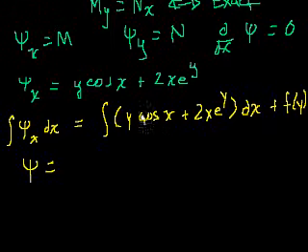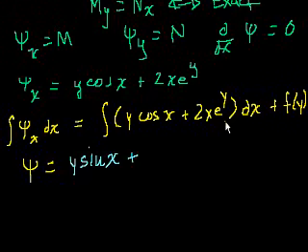So let's figure out this integral. I'll do it in blue. y is just a constant, so the antiderivative of y cosine of x is just y sine of x, plus e to the y is constant, so 2x.